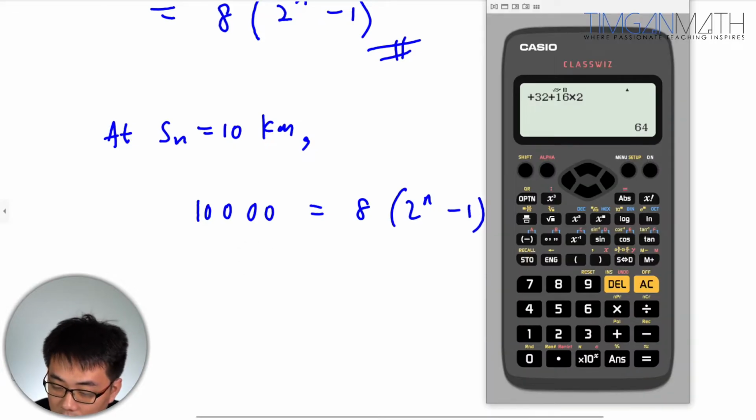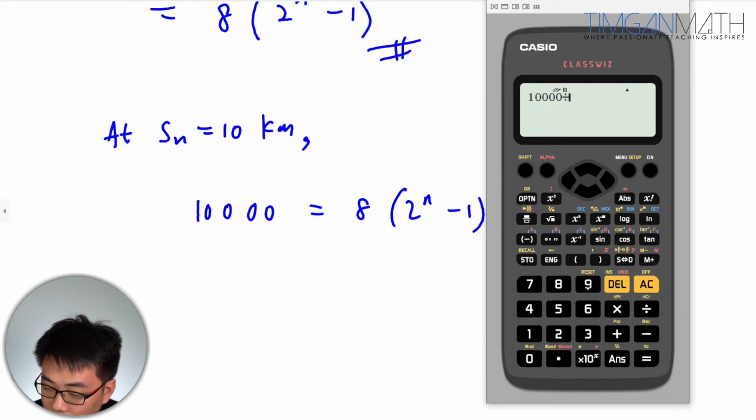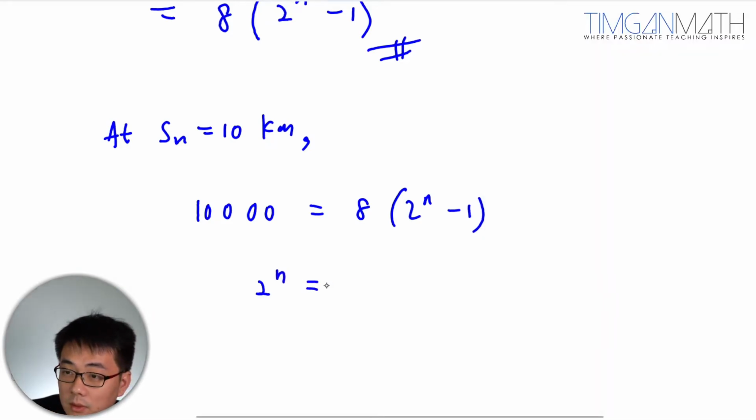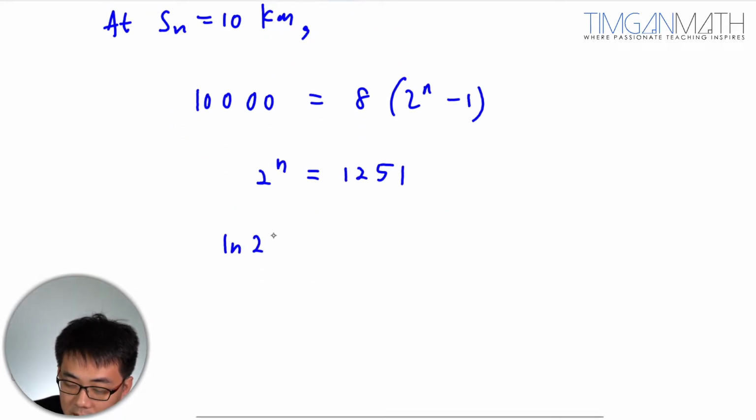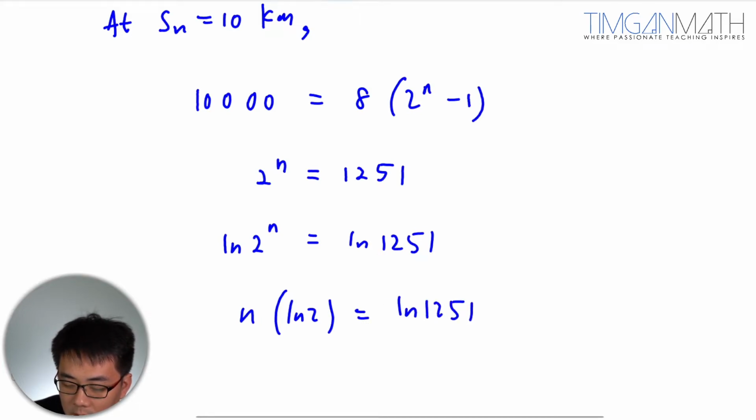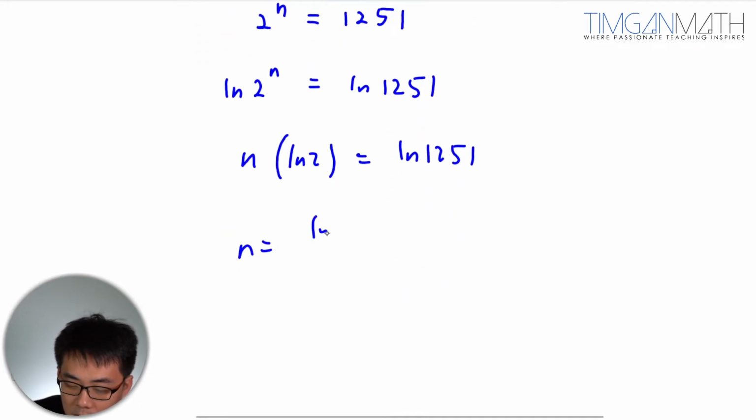In this case, 10,000 divided by 8, plus 1, 2 to the power of n equals 1251. After which we ln both sides. So n ln 2 equals ln 1251, and n will just be ln 1251 over ln 2.